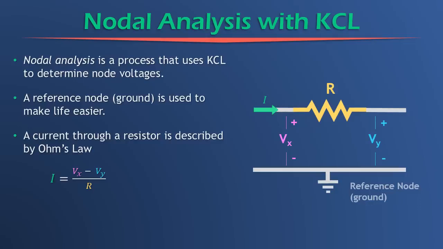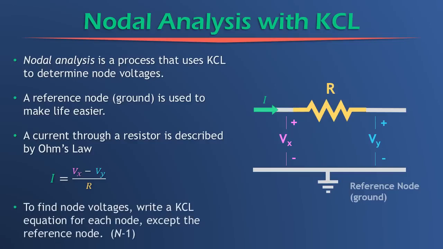And now Vx and Vy are what we call node voltages. And we might be interested in solving for those. And so to solve for these, we can write the KCL equation for each node in the circuit, except for the reference node here. We exclude the reference node in our equations.